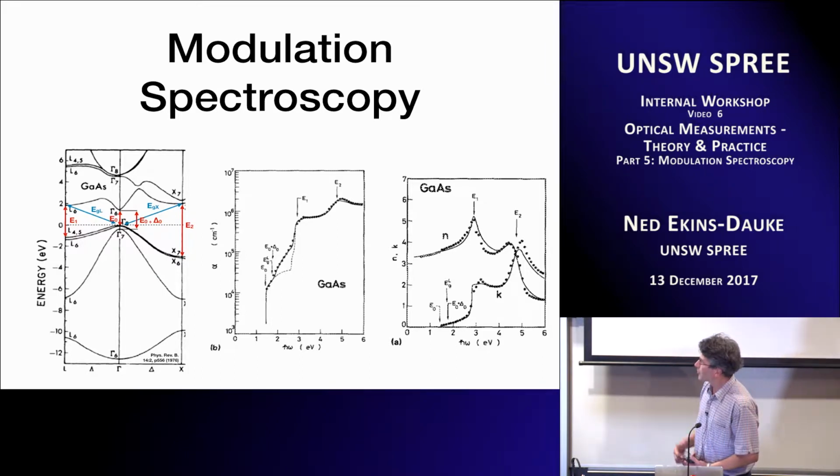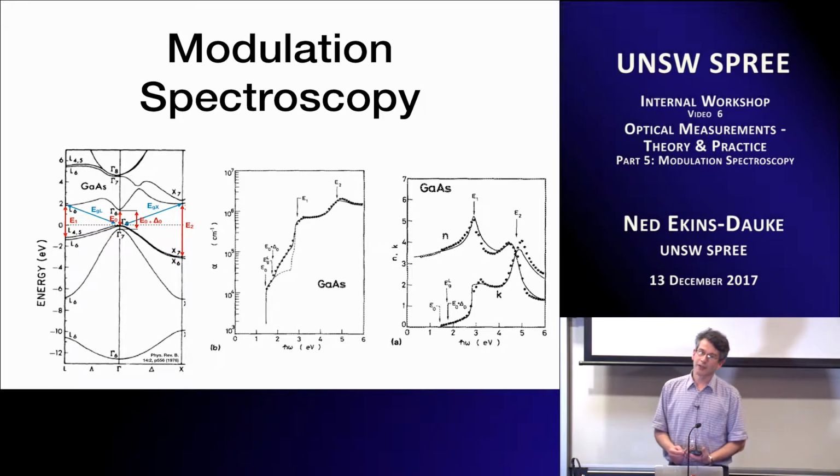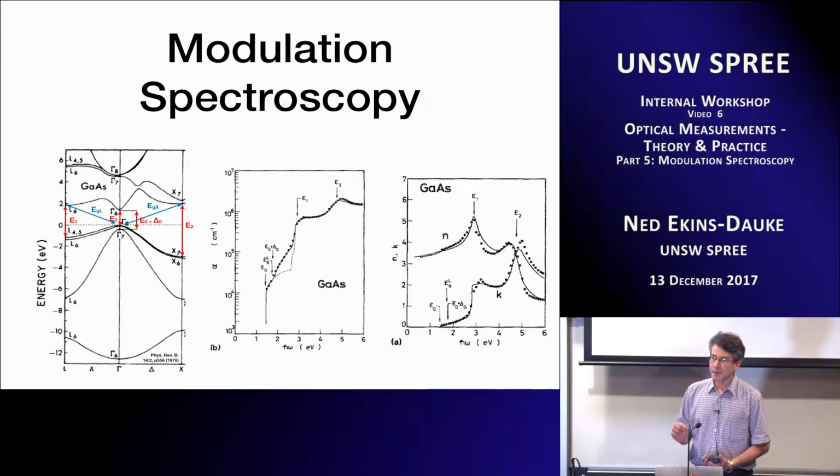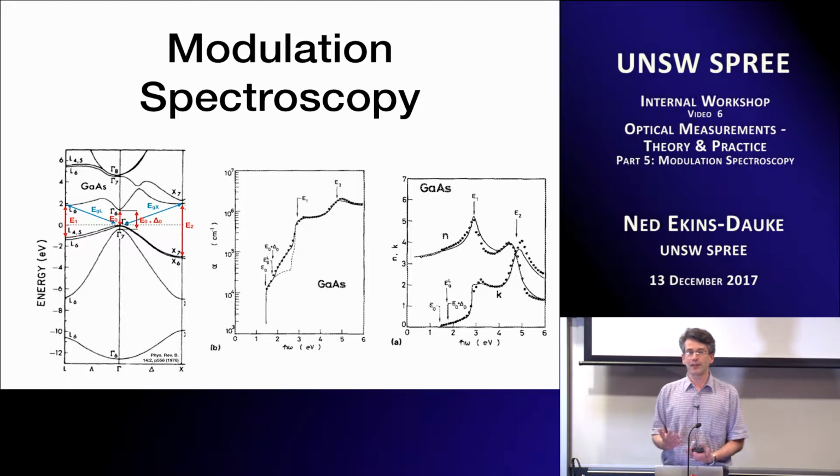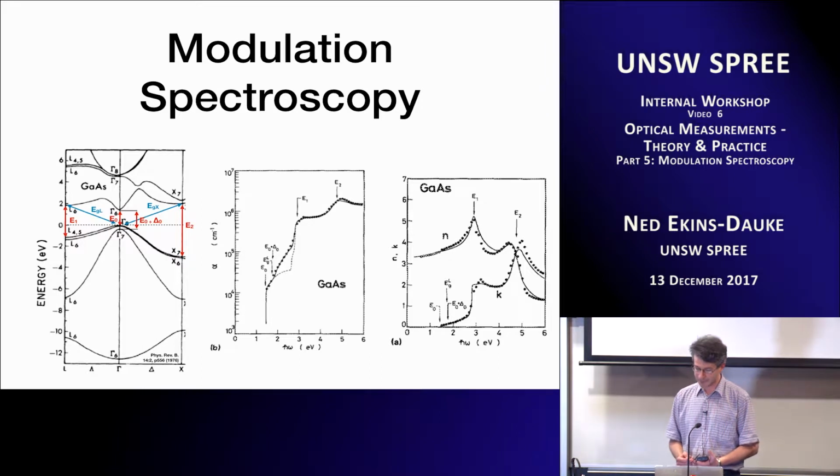But what I want to do is to bring us back and talk about modulation spectroscopy, because I hope you can see from what Yvonne's presented that if you've measured data using ellipsometry experiments, you've got a huge number of parameters to fit.